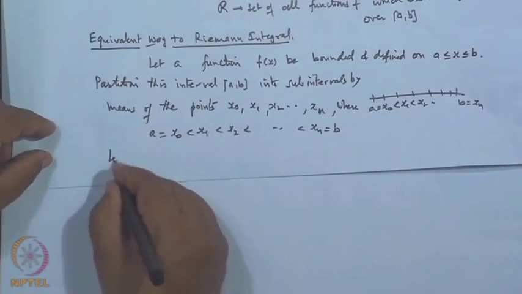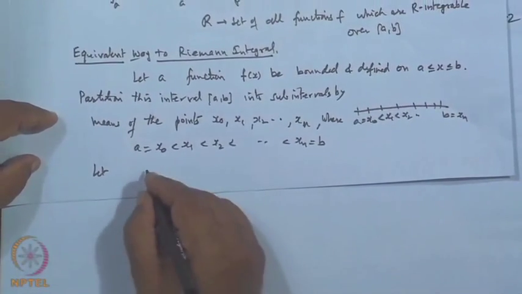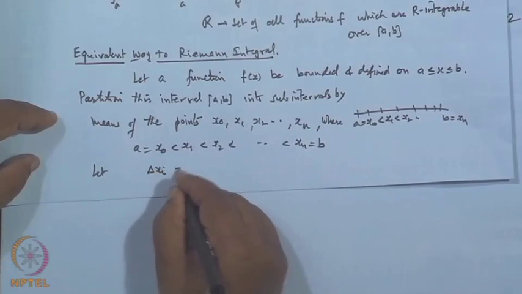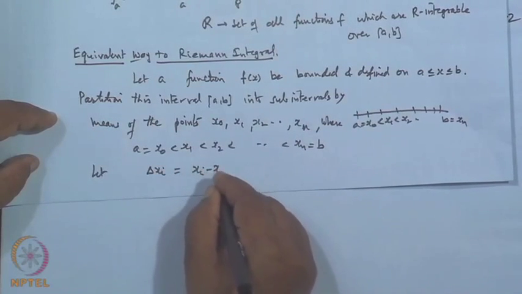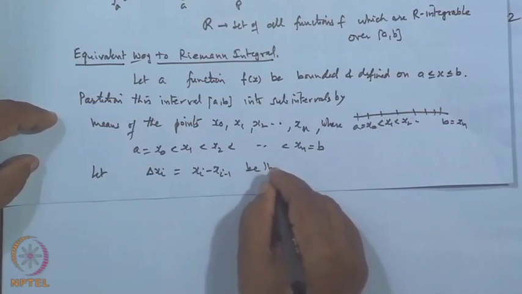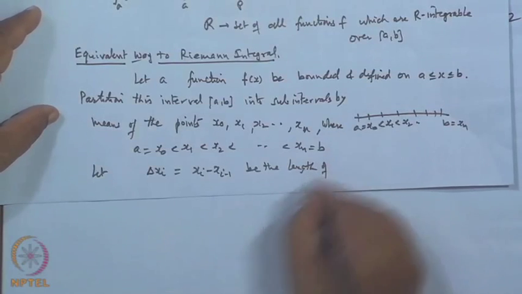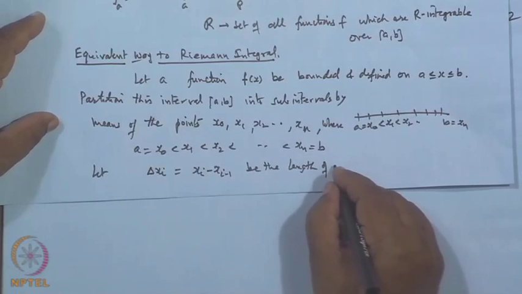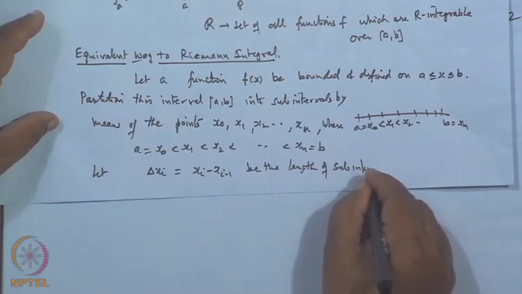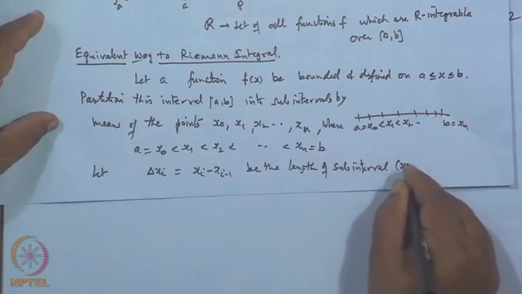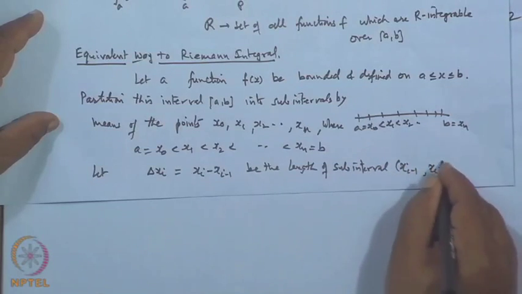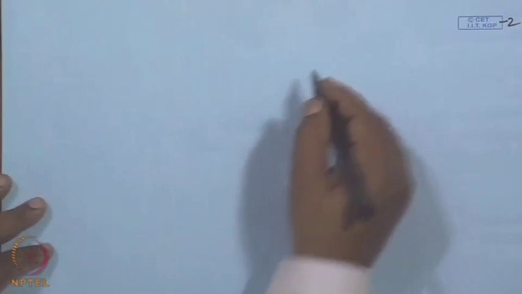Let us suppose delta xi is xi minus xi minus 1, the length of the subinterval from xi minus 1 to xi.